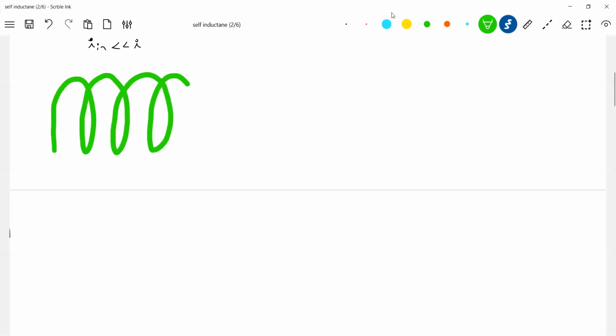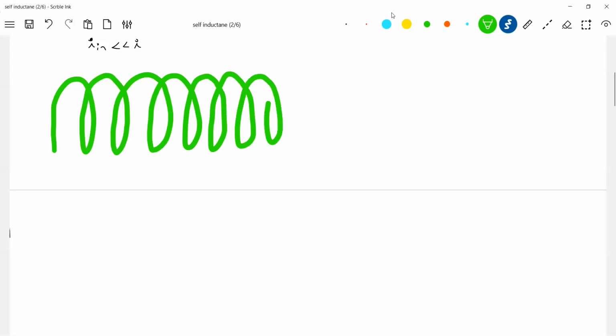The same coil, now I'm going to send a decreasing current. So let this be the red color, no? We took.